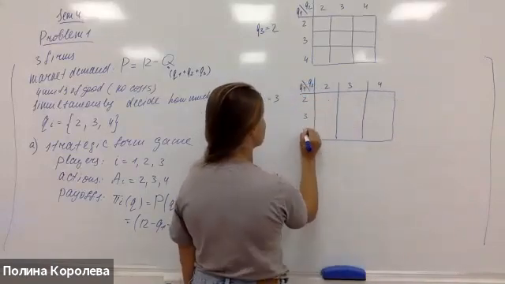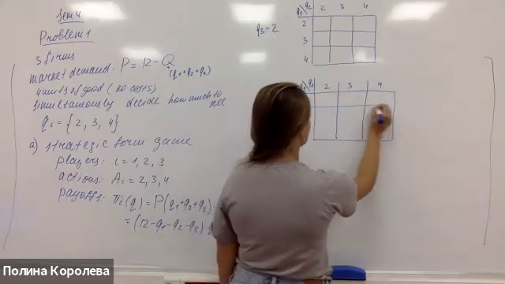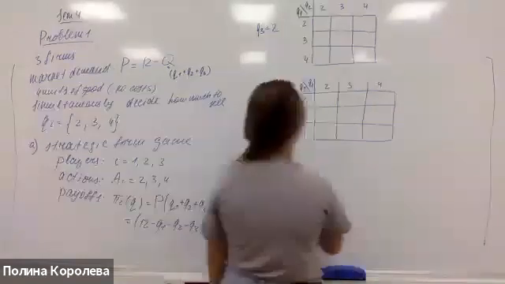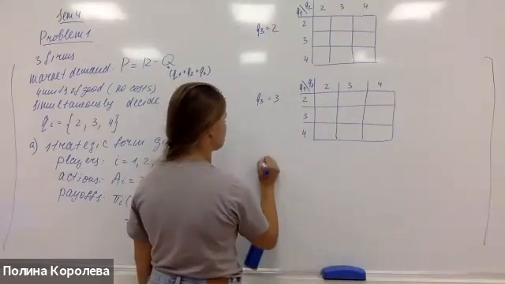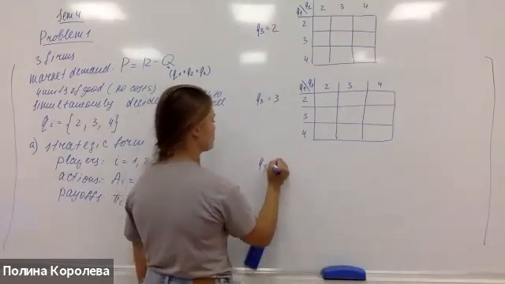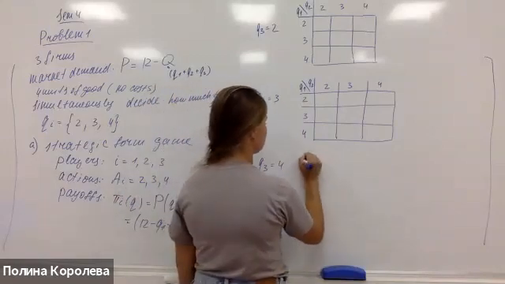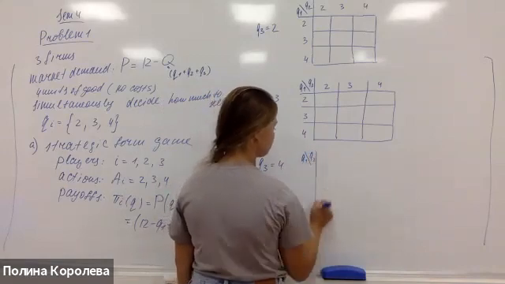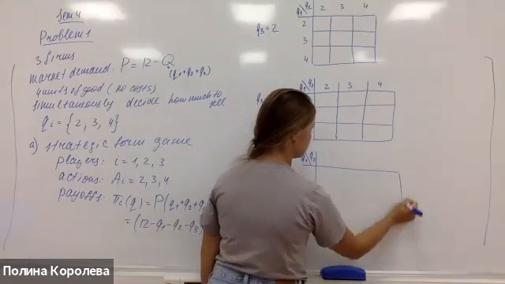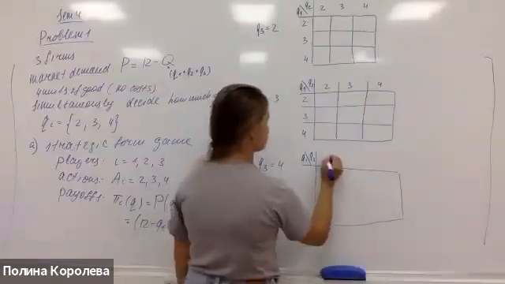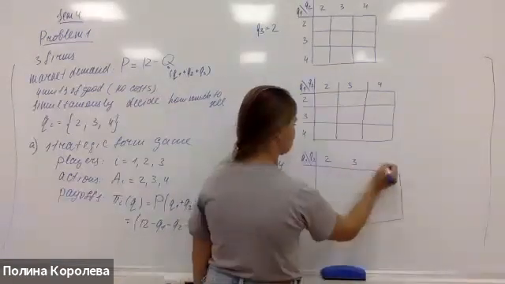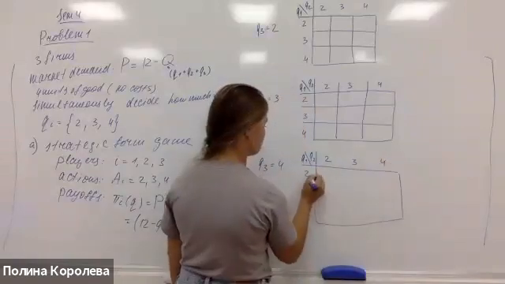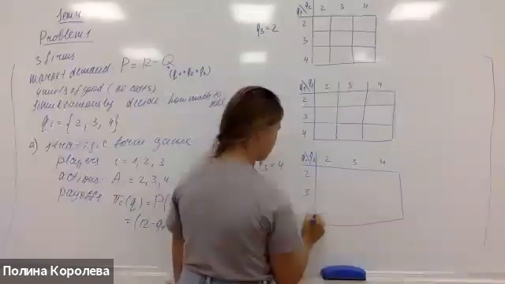And if the third player chooses 4, the first will also choose 2, 3, 4, and the second also 2, 3, 4.